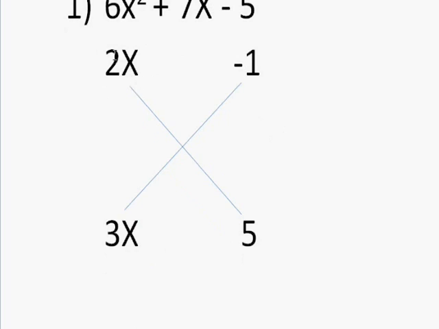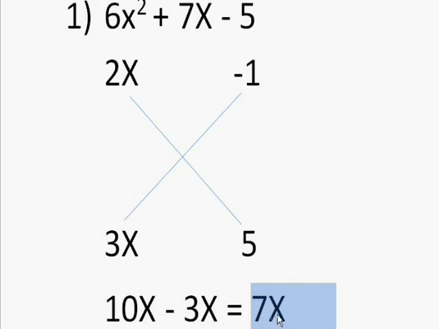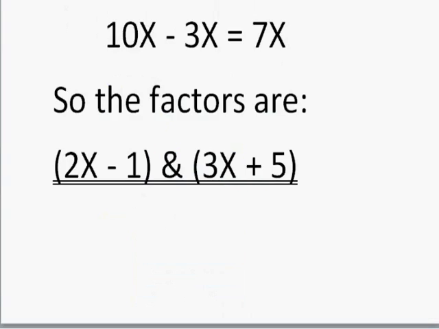So when we add those two, 10x this way and negative 3x this way, it will produce 7x, same as the middle one over here. So you remember from my first video, one of those factors is going to be 2x minus 1, and the other factor is going to be 3x plus 5. So those are going to be the factors.